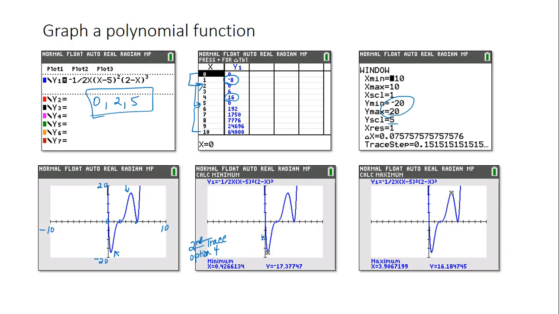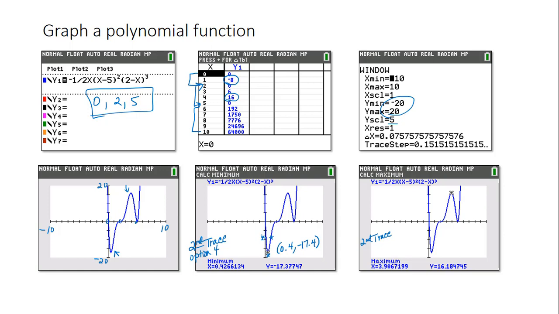So I had to be somewhere on the left side, and then the right side, and then the guess. And whenever I execute that command, I found that my minimum point is approximately 0.4, negative 17.4 if we round to the nearest tenth.